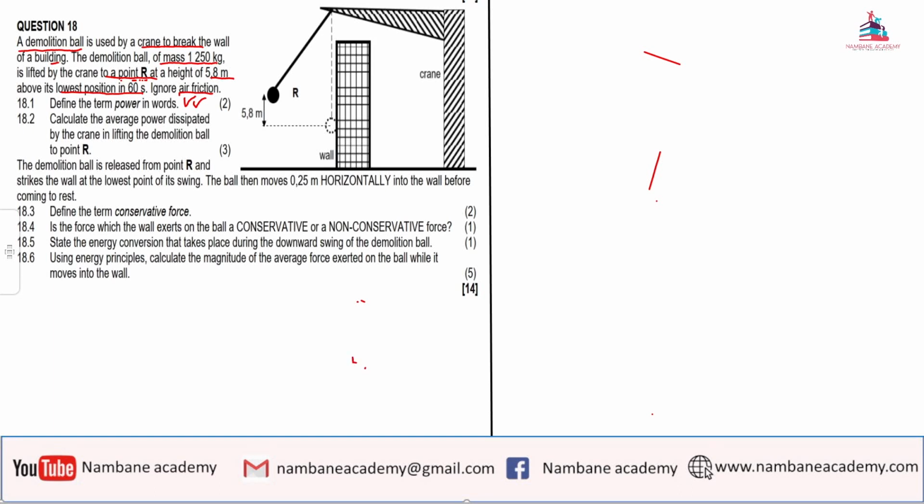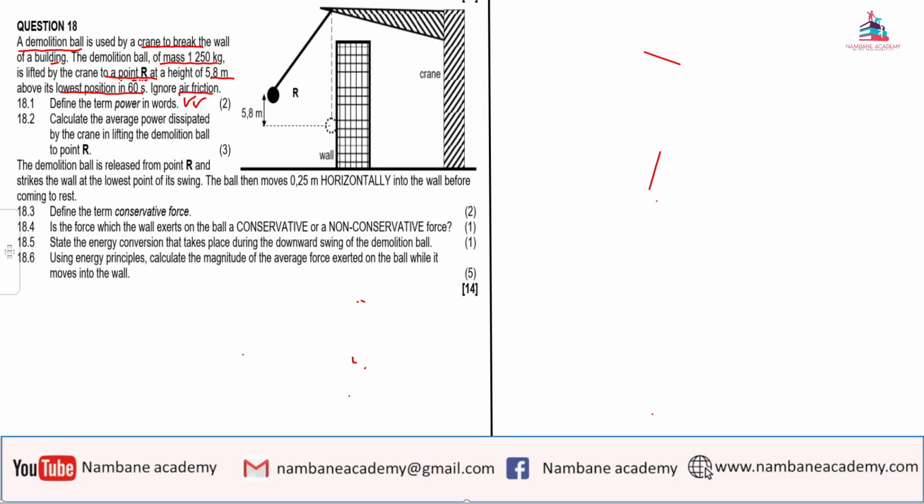P is equal to W over t. That is the formula that we know. Now one will ask, does this mean I must calculate the work first? Definitely.